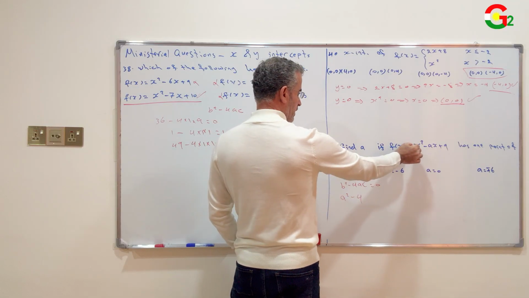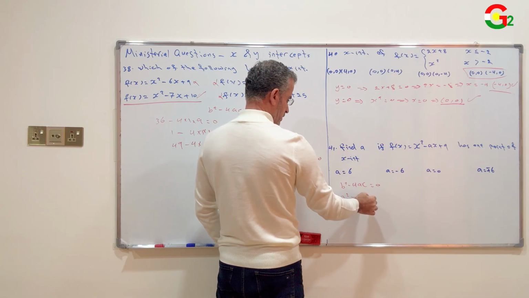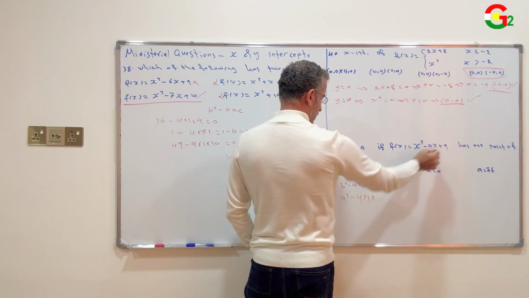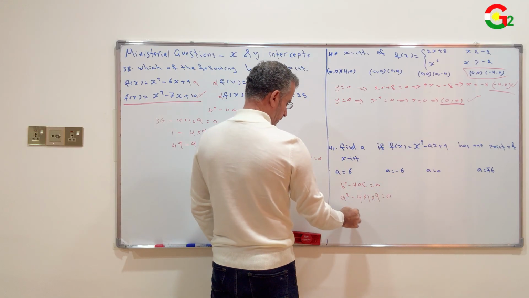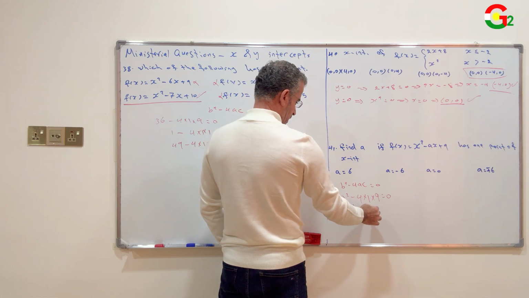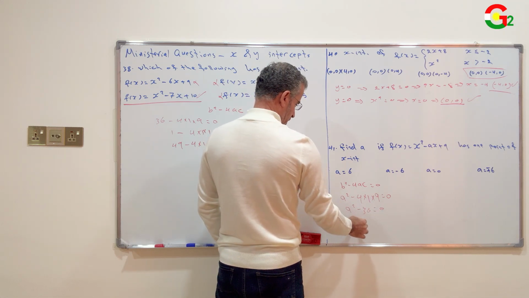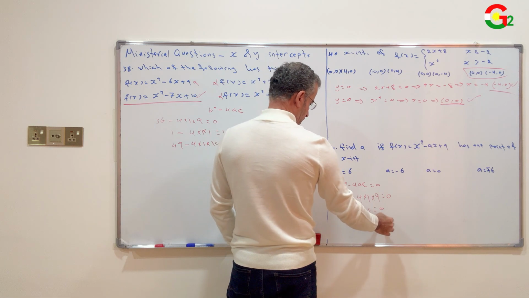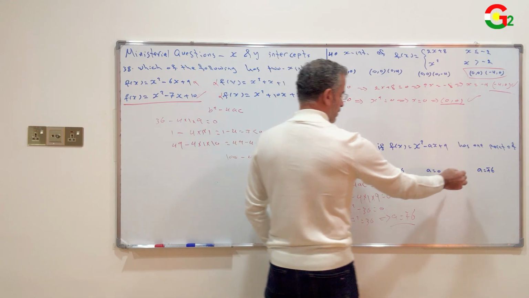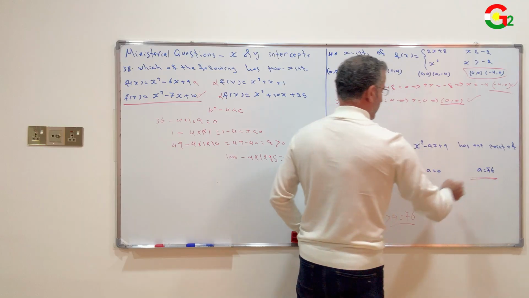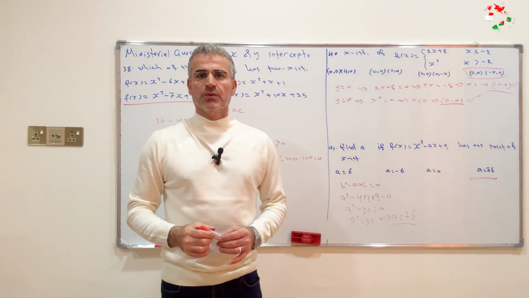Minus 4 times a, the coefficient of x squared, which is 1, times c, the constant, which is 9, should equal 0. A squared minus 36 equals 0. A squared equals 36. Then a equals positive or negative 6. Choice D. See you next lesson.